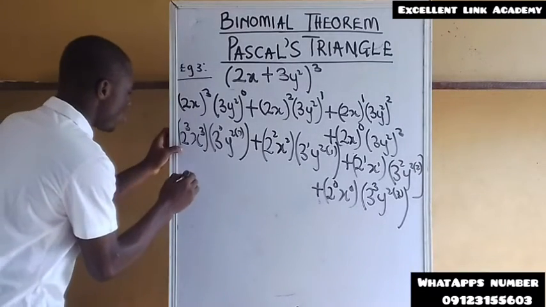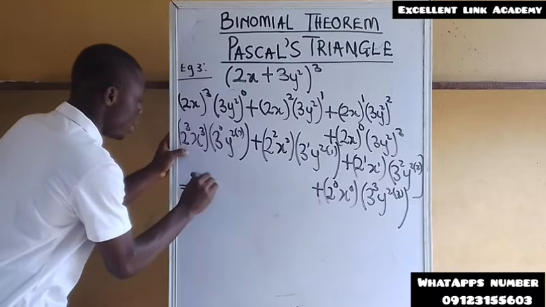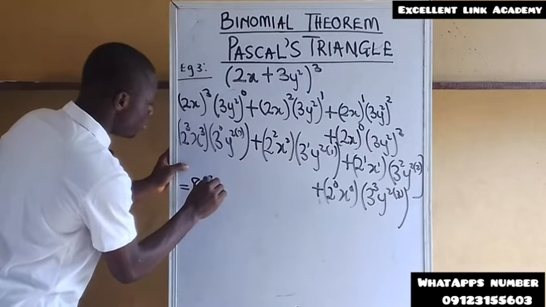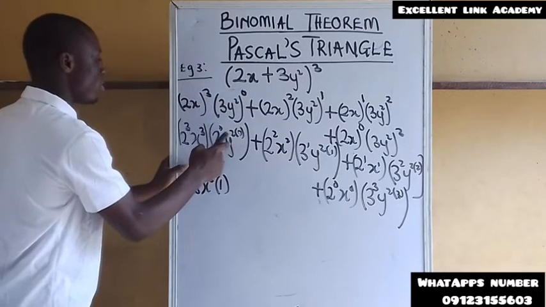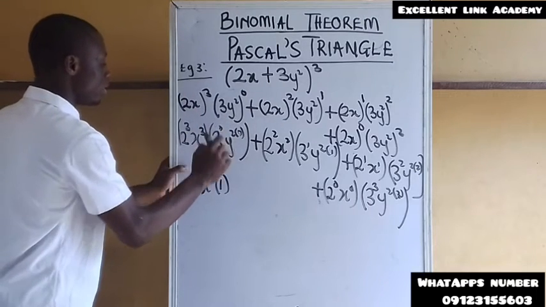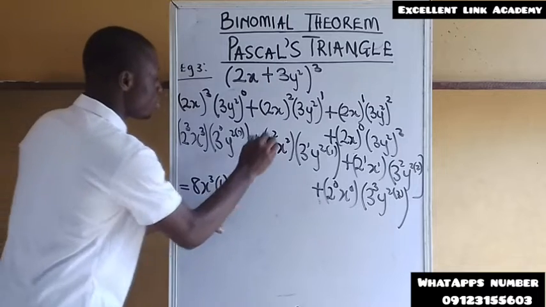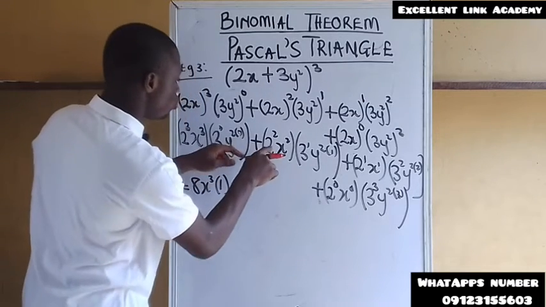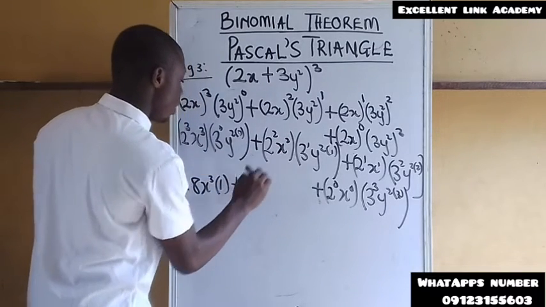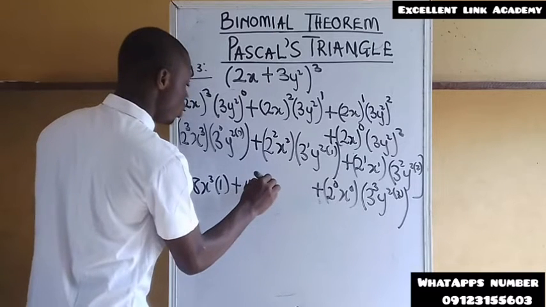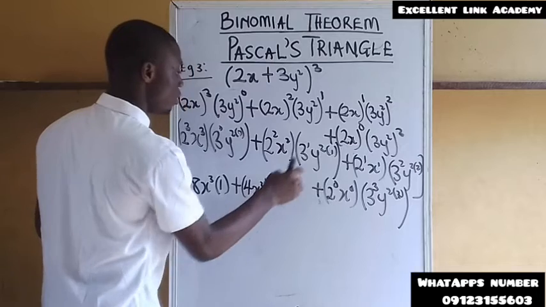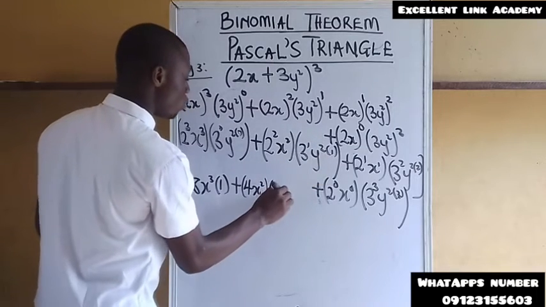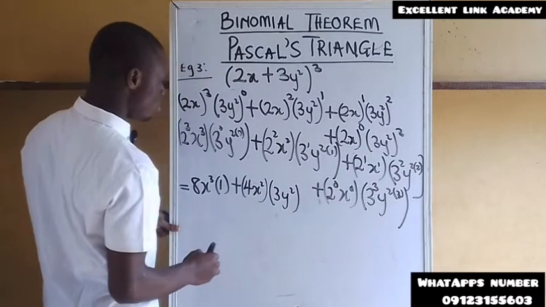There becomes 8x cubed into, this power 0 is 1, y squared into 0, it's 1. Plus I have 2 squared is 4, x squared, into 3 to the power 1 is 3, y squared into 2, 2 times 1, y to the power of 2, right?